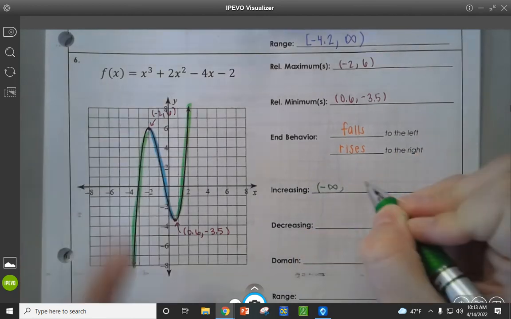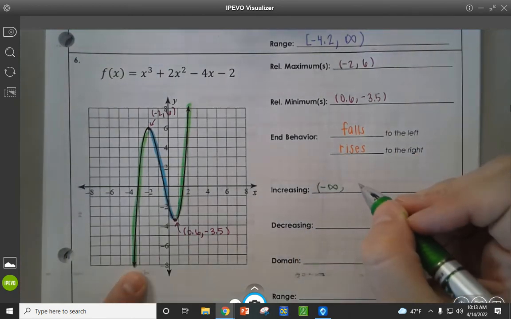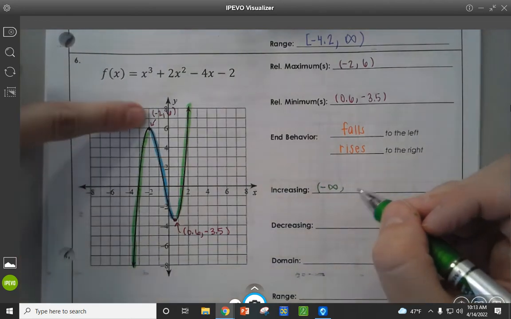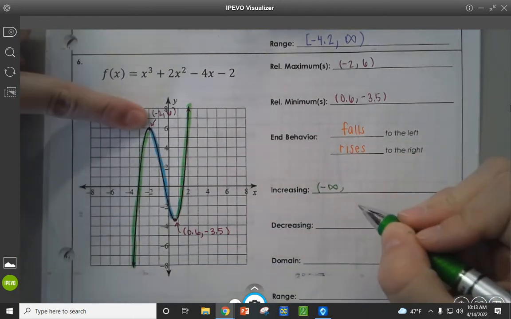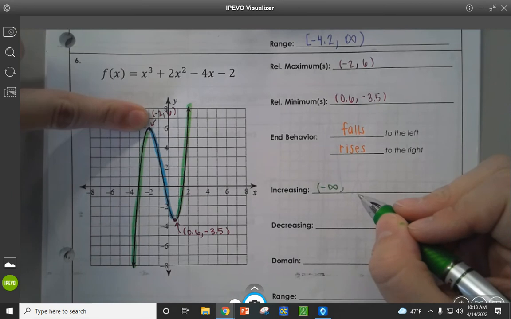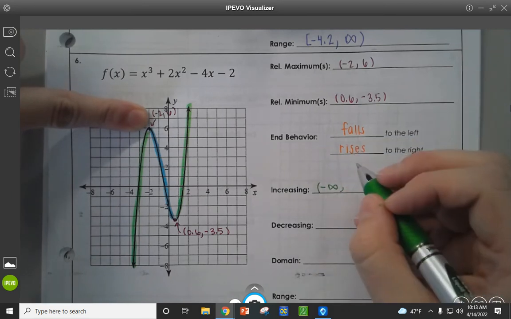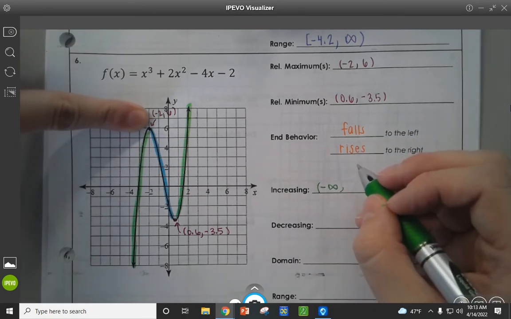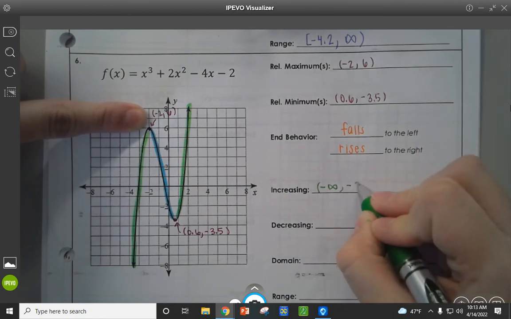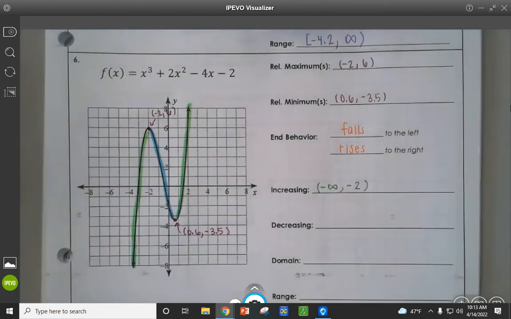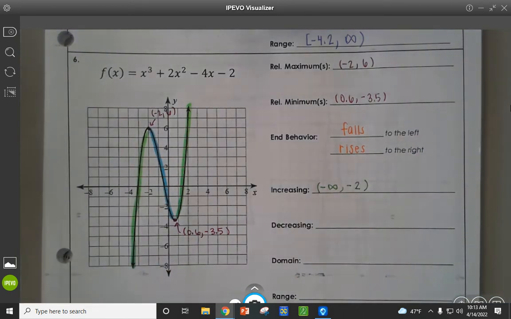Negative infinity. So the far left, there's an arrow, and it increases. I'm stopping at x value, -2. Increasing, decreasing, and domain are all x's. The only time that you do anything with the y's is the range.